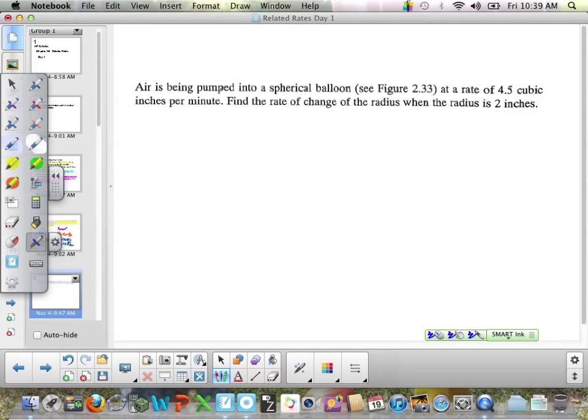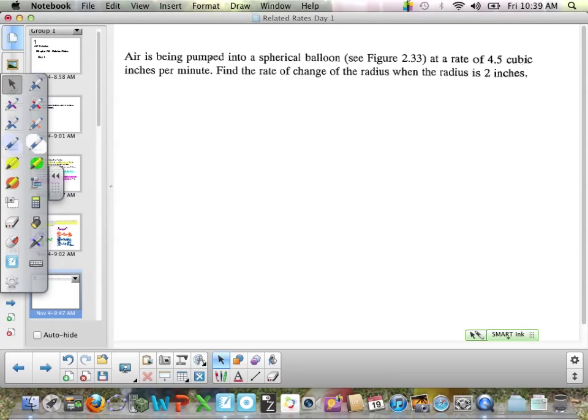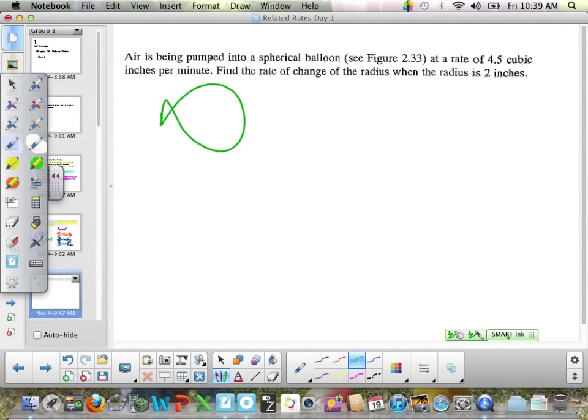Air is being pumped into a spherical balloon. See figure 2.33. Again, I did not include the figure. At a rate of 4.5 cubic inches per minute, find the rate of change of the radius when the radius is 2 inches. So we will draw this picture out. We have a balloon that is being pumped up, and it is a spherical balloon, as spherical as balloons can get.